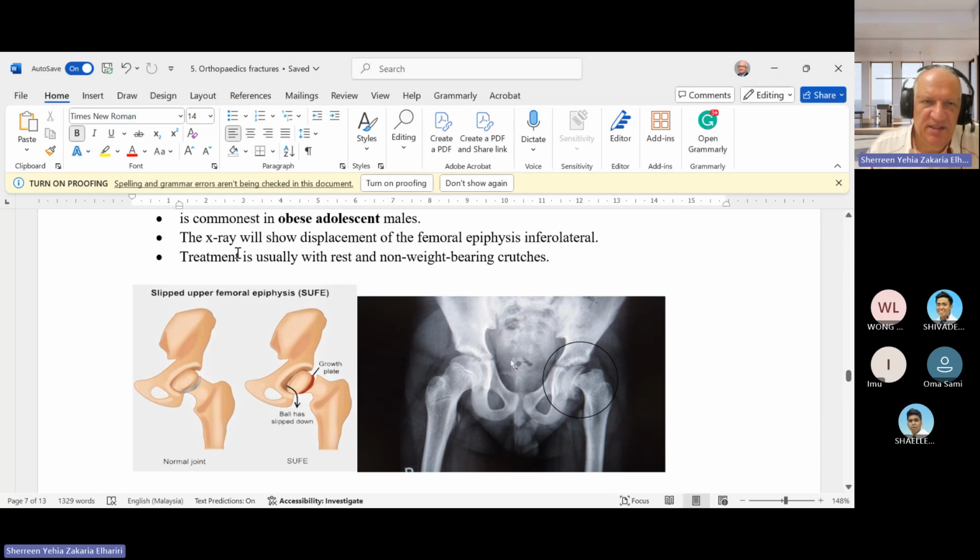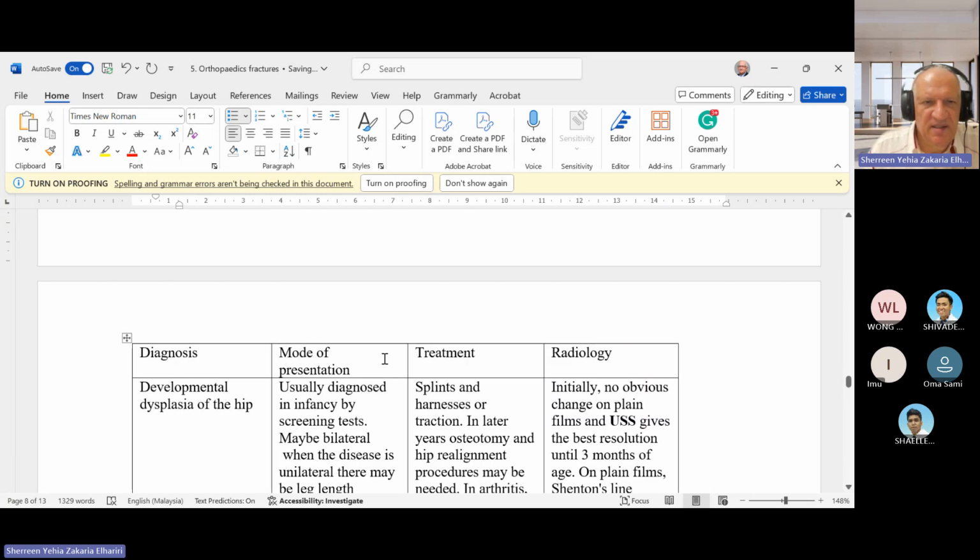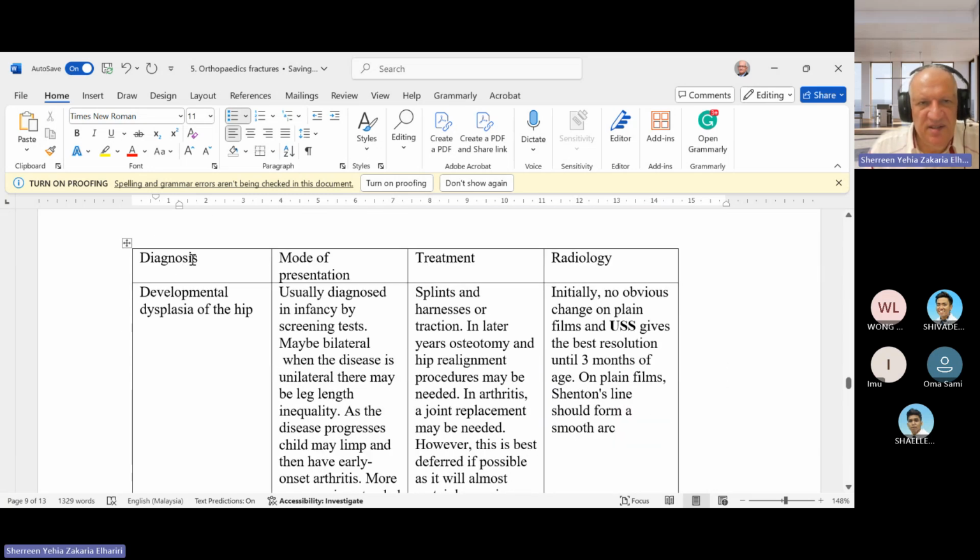Of course, it can appear on X-ray, and treatment is usually with rest and non-weight bearing crutches. You can read this, I will send it to you: presentation, treatment, and radiology.